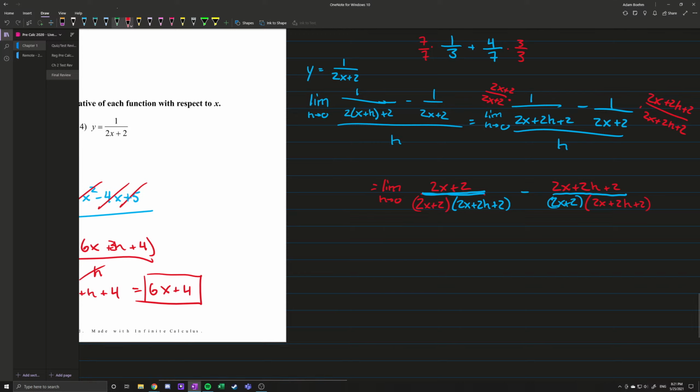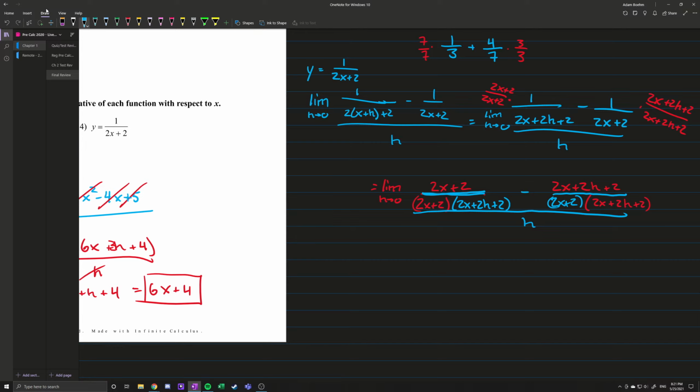And then all of that is still over h. Again, this looks complicated, but now that these two things have a common denominator, we can just add their numerators together. So then we have 2x plus 2 minus 2x minus 2h plus 2.